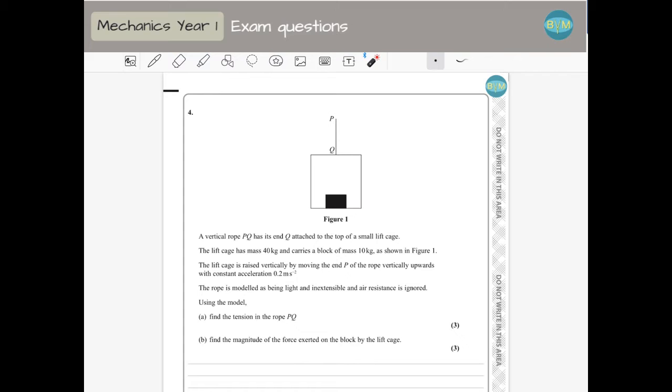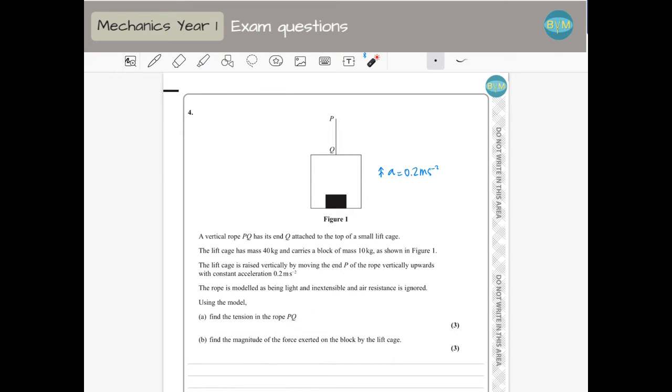The lift cage is raised vertically by pulling the string with an acceleration of 0.2 meters per second squared. The rope is modeled as being light and inextensible, and resistance is ignored. Using the model, find the tension in the rope PQ.